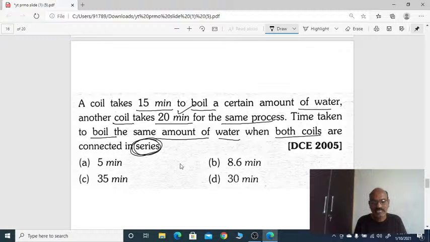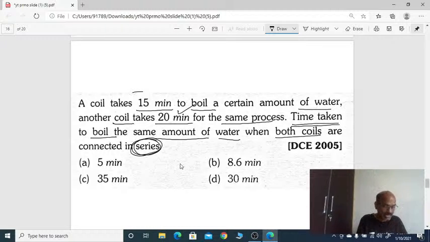A certain amount of water, see that it takes 15 minutes. One coil takes 15 minutes to boil the water. Another coil takes 20 minutes. So the question is time taken to boil the same amount of water when both coils are connected in series.